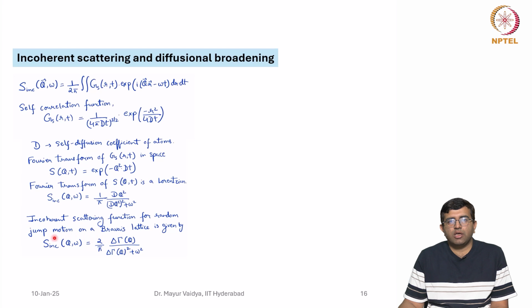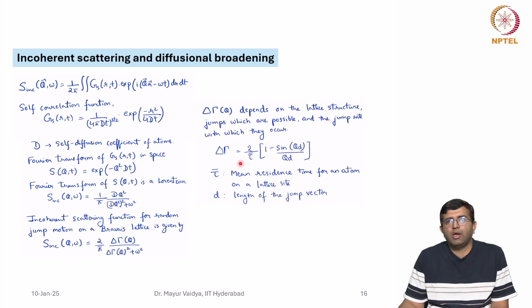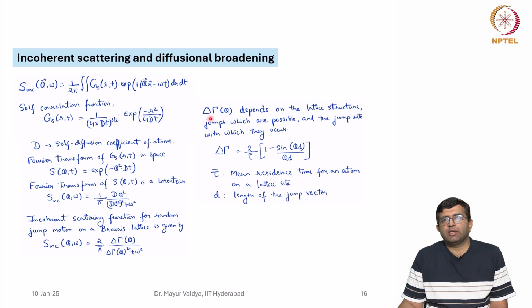This is the incoherent scattering function, and this delta gamma is equal to 2 by tau bar, 1 minus sin qd by qd, where tau bar is the mean residence time for an atom on the lattice site. So, this d is equal to the length of the jump vector.